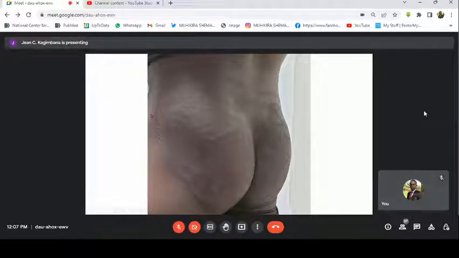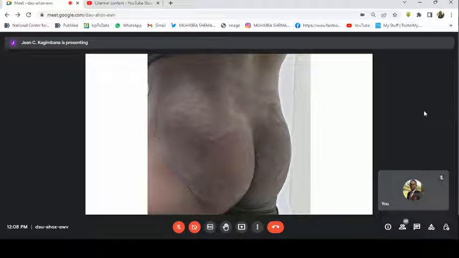Now the second one. What do you see? The round characteristic, what does it suggest? Is it palpable? Yes. Then when it is palpable, where margins are defined, this is an annular region.